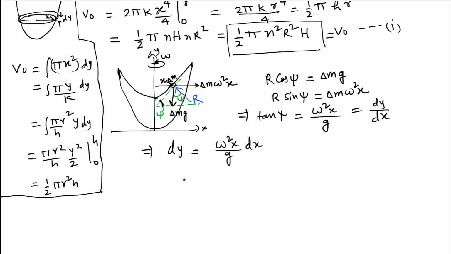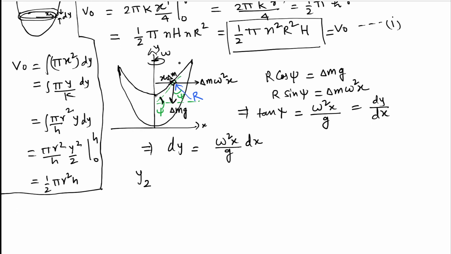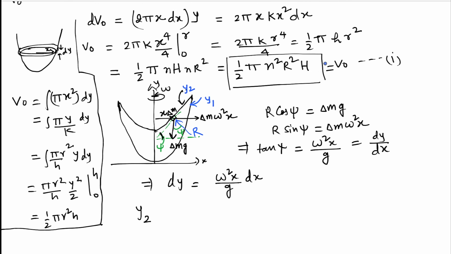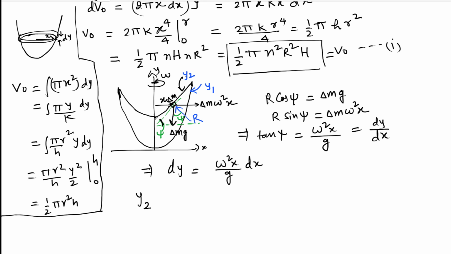And if we integrate this equation, we will get our second equation y2 for this curve. Okay, so let's have this curve as y2, and this curve we named y1, which we have already computed here, right? Okay, so y2 is omega square x square by 2g plus some constant, let's say y0.